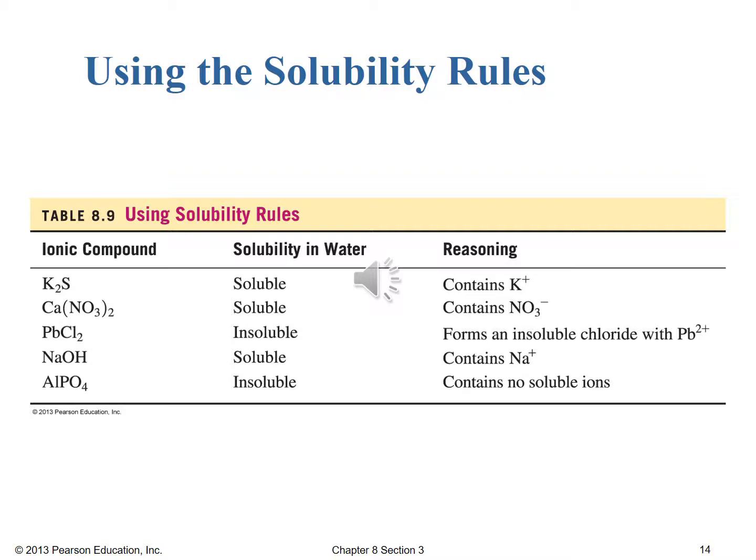And then finally, aluminum phosphate. Our rule for phosphate was phosphates are generally insoluble unless we had a group 1A or ammonium ion, and aluminum is neither of those, so we'd expect the phosphate rule of usually being insoluble to hold here, and we have an insoluble salt because we have no soluble ions.